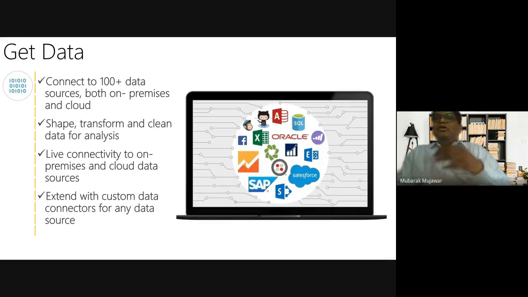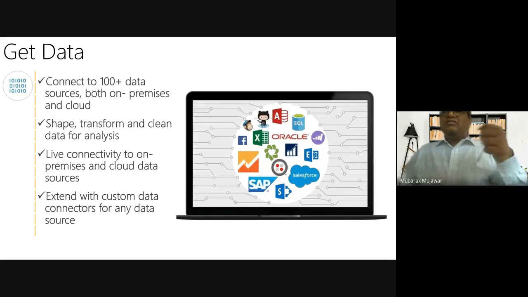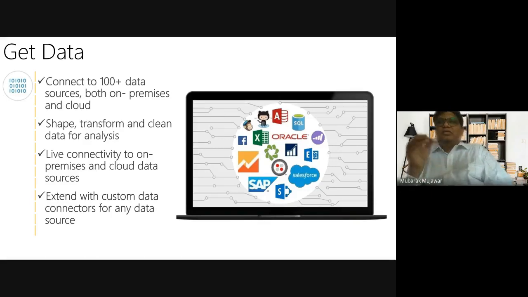Now, you can have a live connectivity to the on-premise as well as cloud data sources. If you have cloud data sources, you can set a refresh rate, and it will get refreshed on a regular basis. The good thing about get data is you can extend your data sources with custom connectors to any data source.